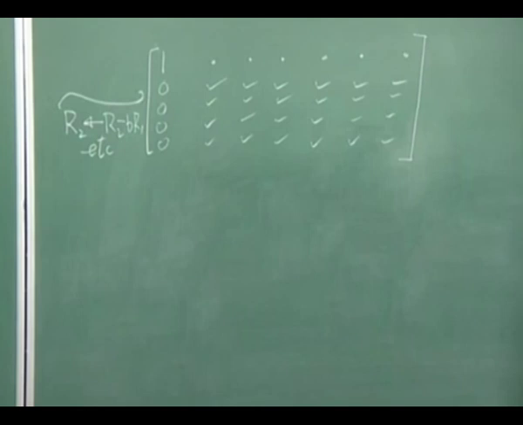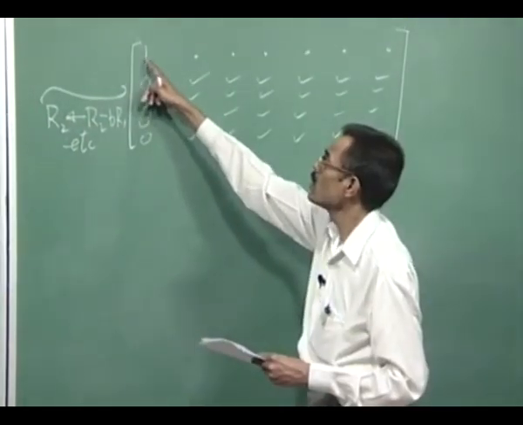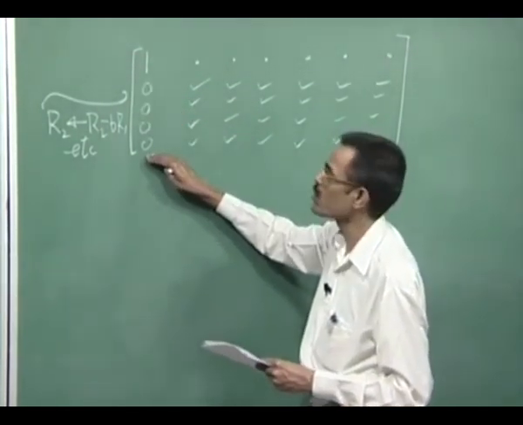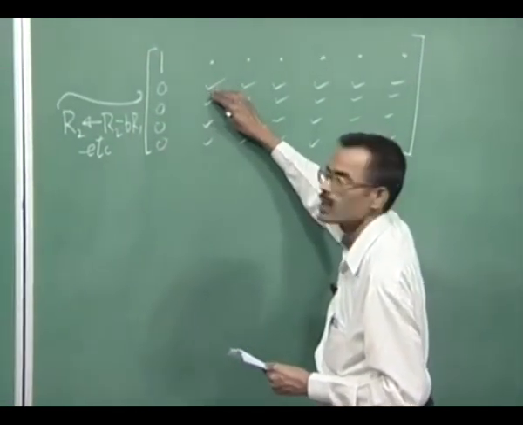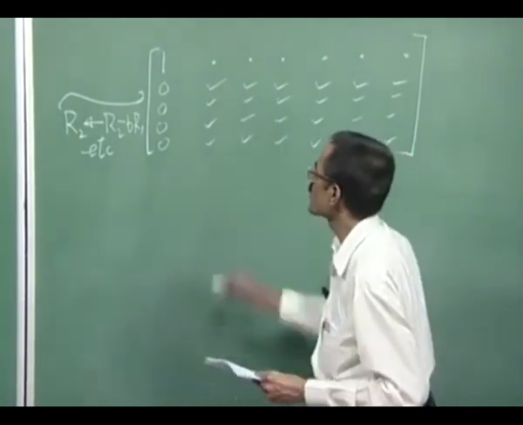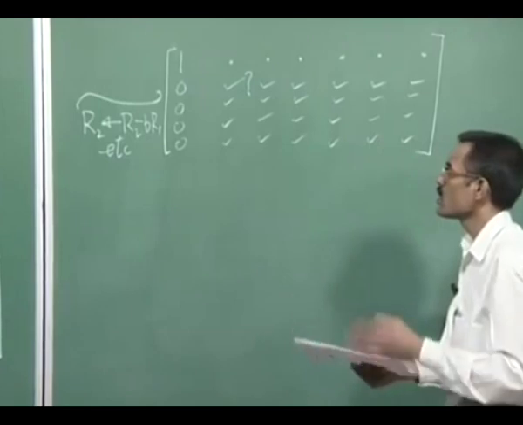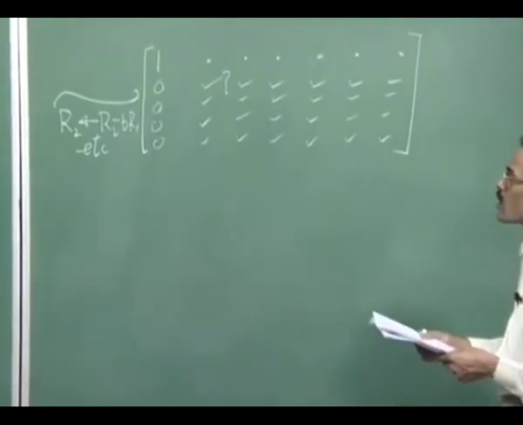We want a 1 here. Right now we cannot do anything in the first row, because the 1 is there. So, we preserve this 1, and below that we preserve the zeros that we have found. We want a 1 here if possible. Then we examine what this entry is. Is it 0 or is it non-zero?